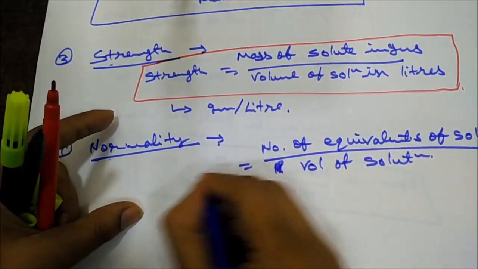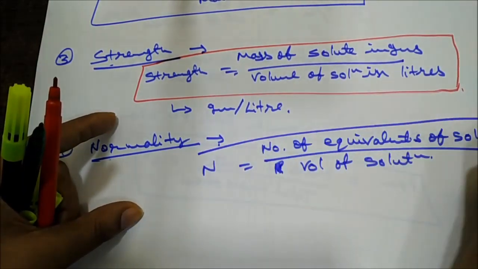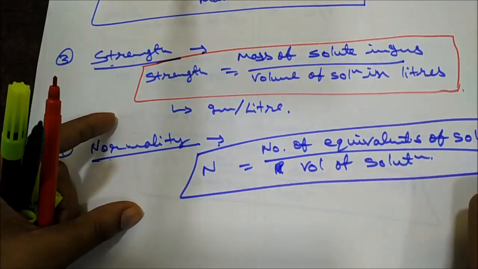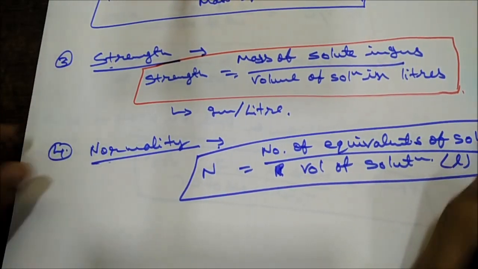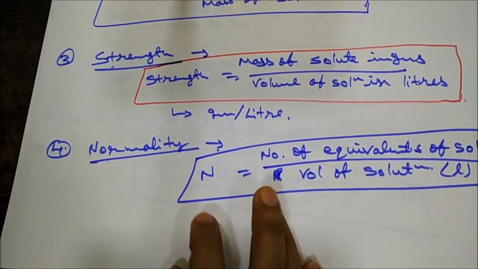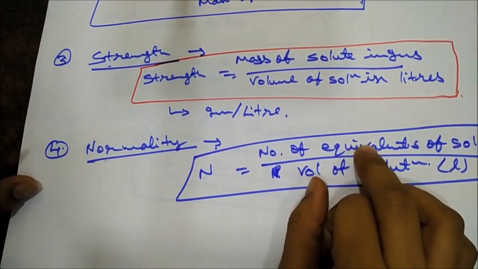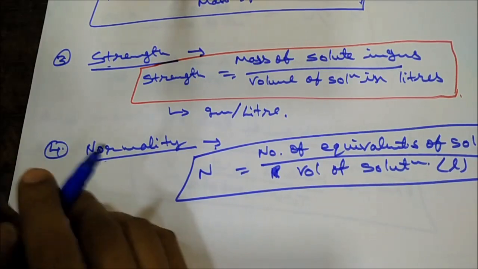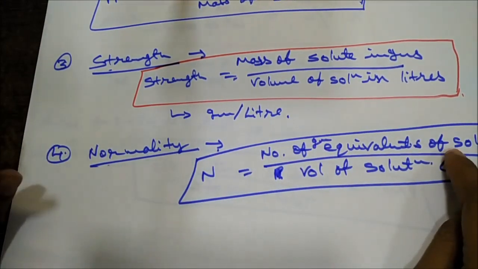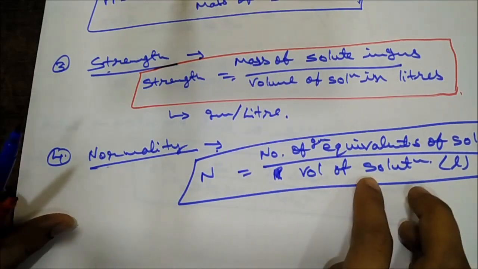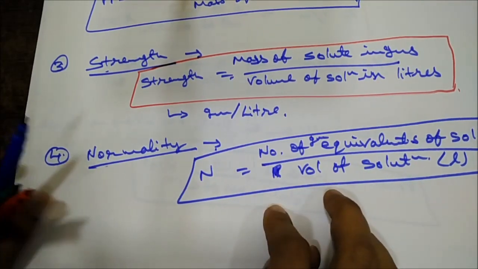This is called normality of a solution. It is expressed in per liter. So the normality of a solution is the number of gram equivalents of a solute present per liter of solution.